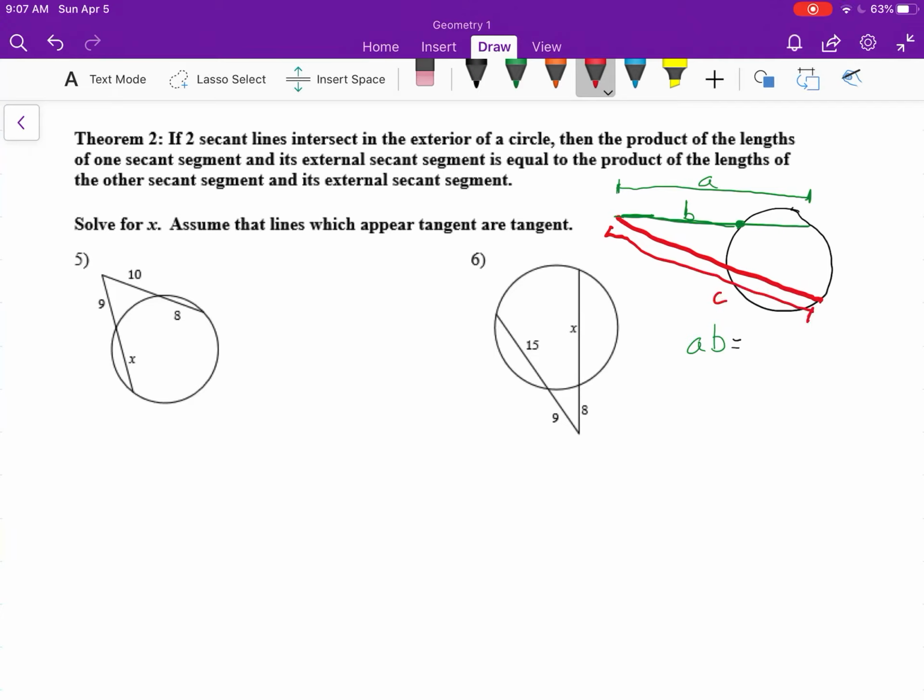So we'll call that C, and this external part we will call D. So C times D. So in words, we can say the whole segment times the outside part. This is just in everyday language.